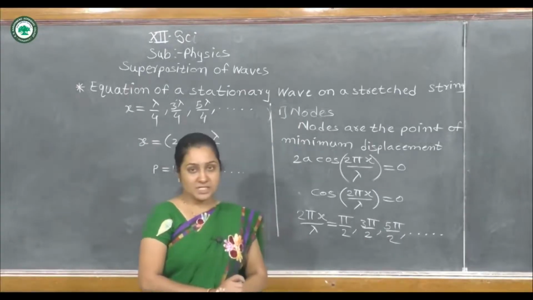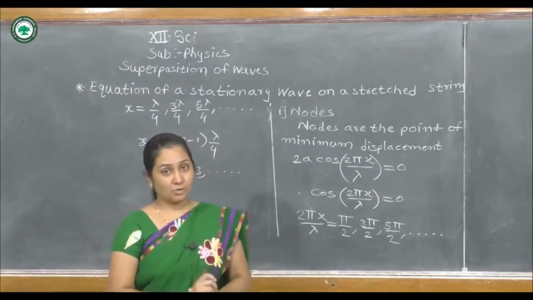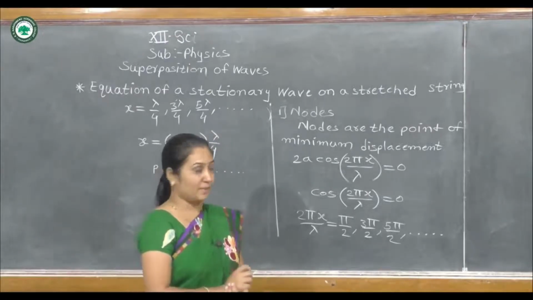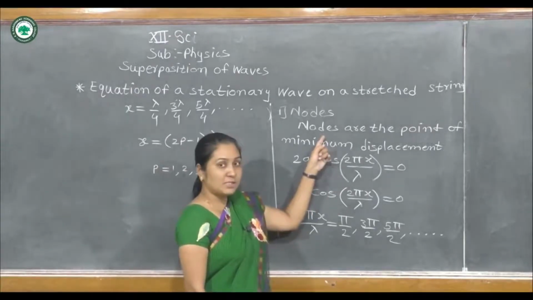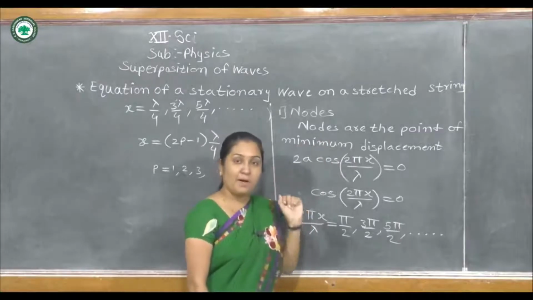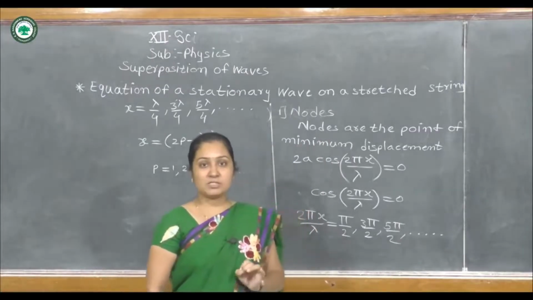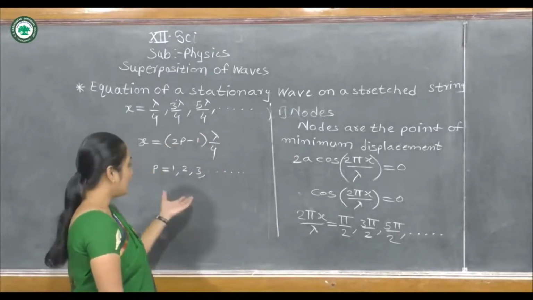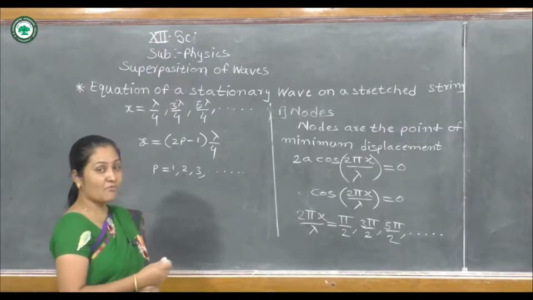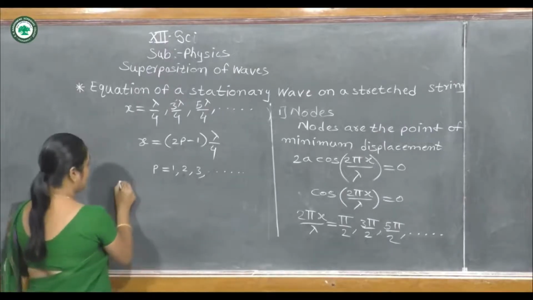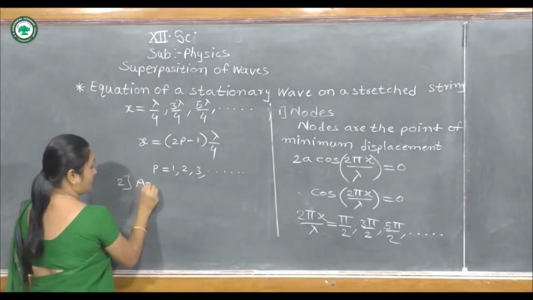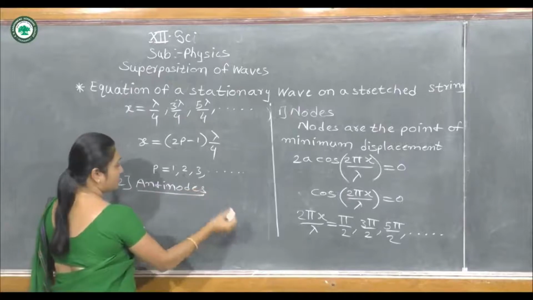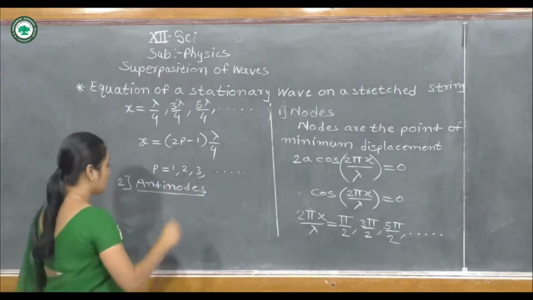Similarly, in case of stationary waves, there are antinodes. Antinodes are the points of maximum displacement. In case of nodes, they have minimum displacement, but in case of antinodes, they have maximum displacement. So similarly, we can write the same values in case of antinodes.